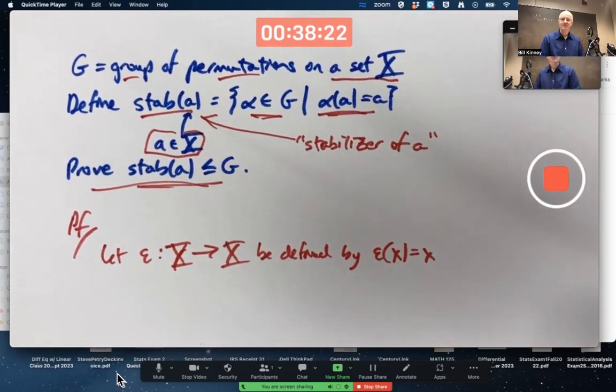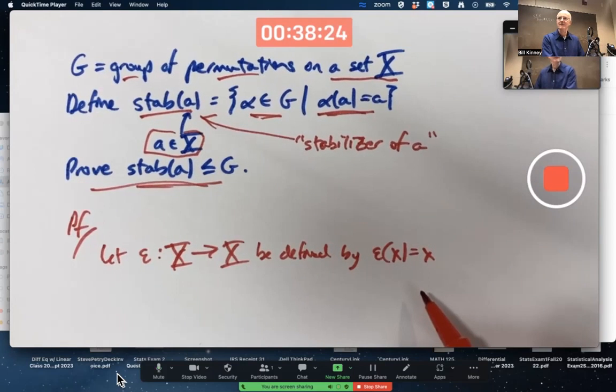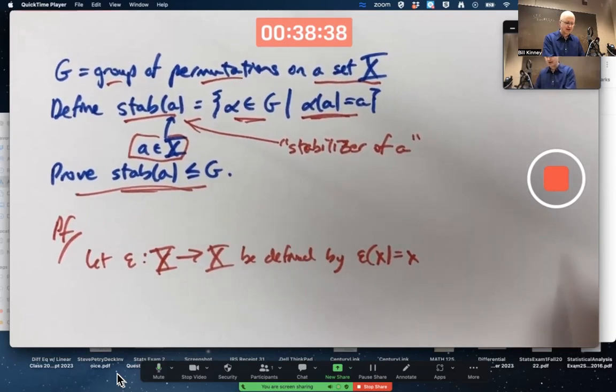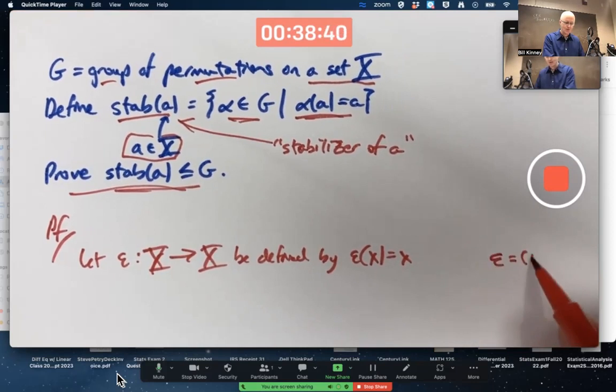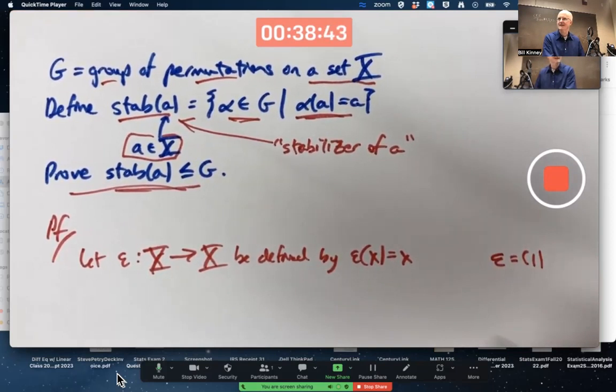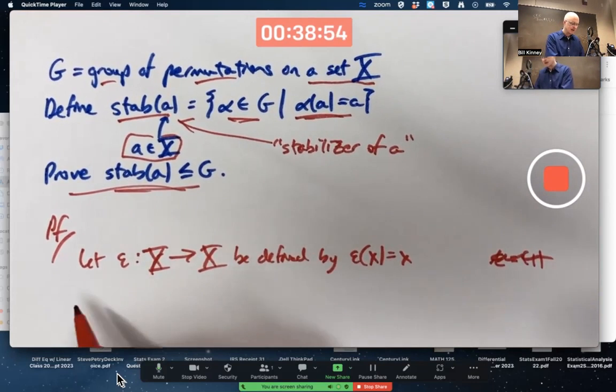Epsilon's got a formula. Map everything to itself is what this formula is saying to do. I'm not writing it in array or cycle notation because X may not be finite. I could write epsilon as 1 or something if my set X consisted of the first n positive integers. But I don't need to do that. In the more abstract setting, I should just emphasize it maps everything to itself.